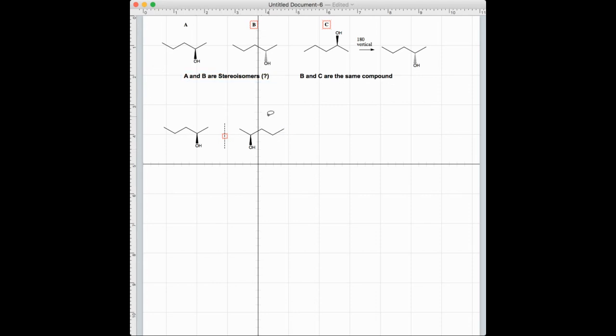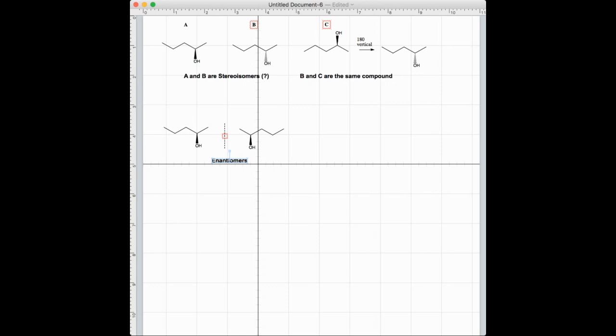And now I want to look into the relationship of the enantiomers. I'm going to write it here: this is enantiomers. And I also want to look at the relationship of this enantiomer that I drew here and compare it to compound B. So if I want to compare the enantiomer of A and compound B to see if they are different or the same, first things first, I need to look at one question at a time.